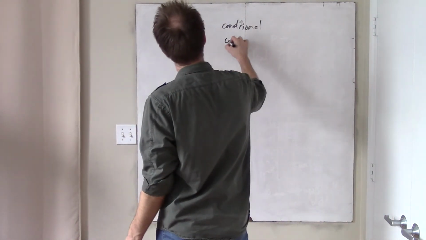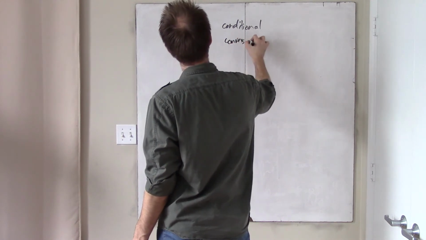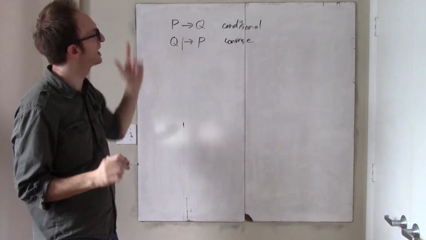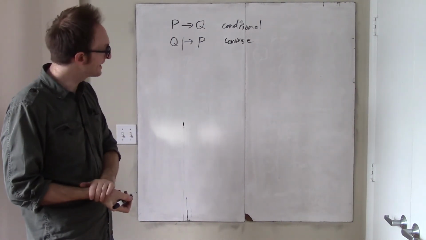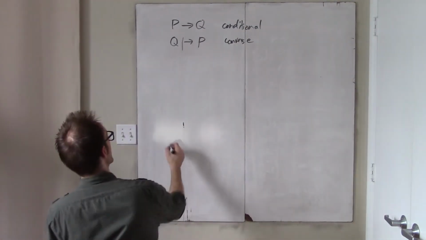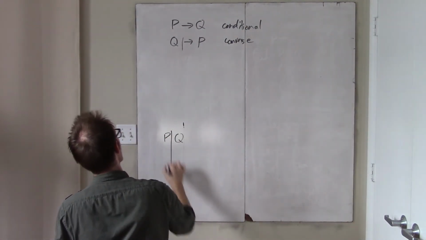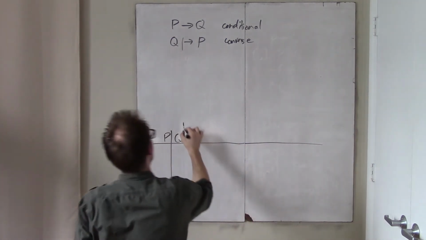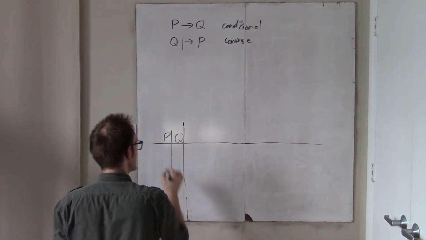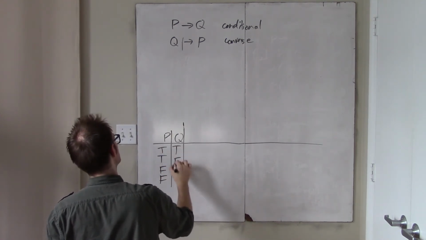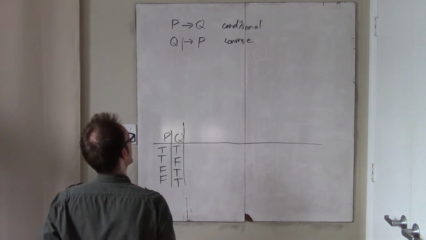The converse of a conditional is the conditional with the antecedent and the consequent reversed. And the thing to know about the converse is that it is not logically equivalent to the original conditional.